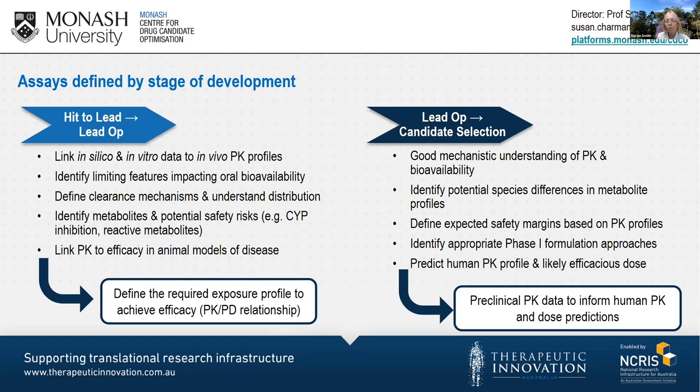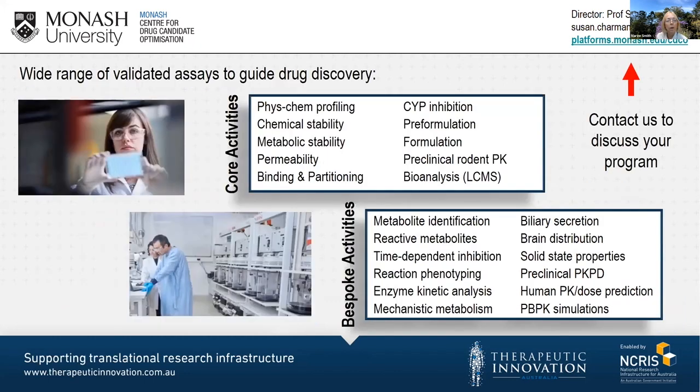So in other words, the preclinical pharmacokinetic data will inform the human pharmacokinetic data and dose predictions for early phase clinical trials. So to do this, the CDCO has a wide range of validated assays to guide drug discovery.